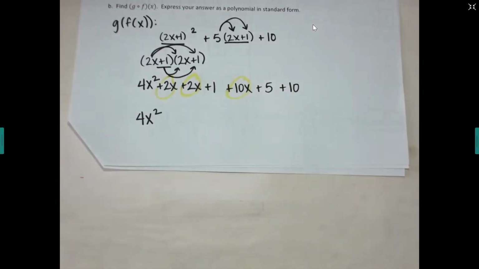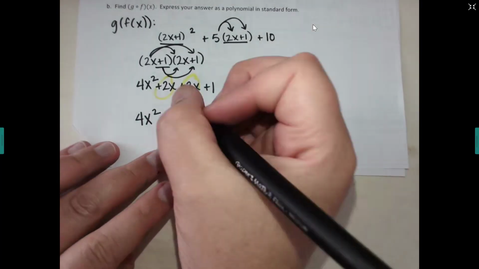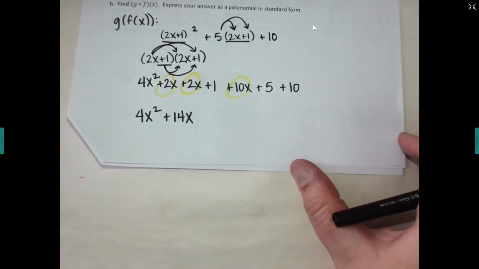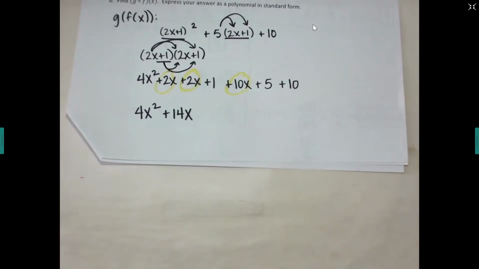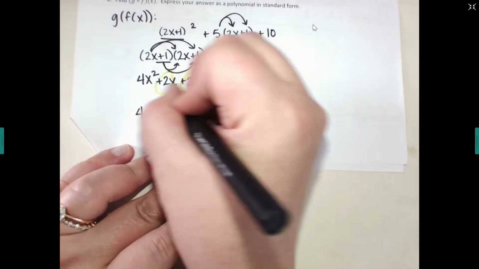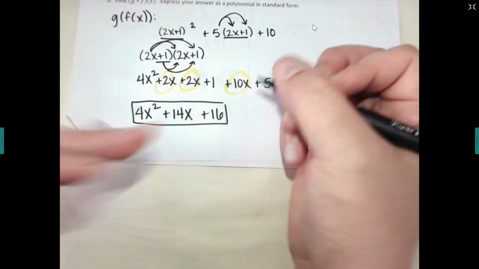So that'd be how many altogether? 14. Remember, your x doesn't go up to a squared when you're adding. Okay, then same thing for the numbers. I have a 1, a 5, and a 10. So that'd be 16. Okay?